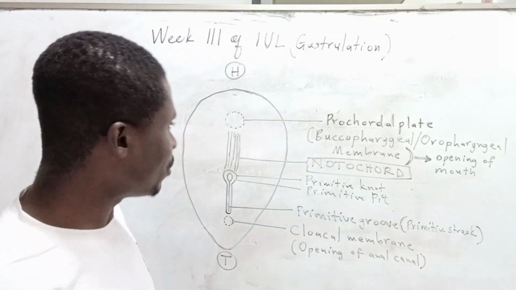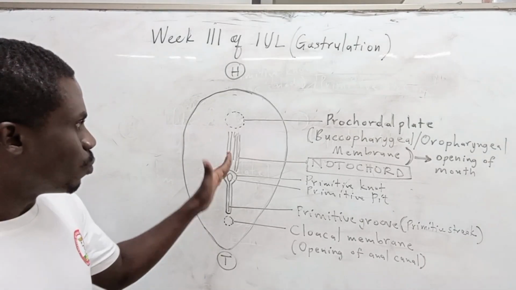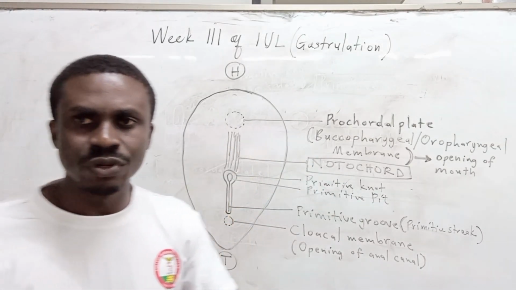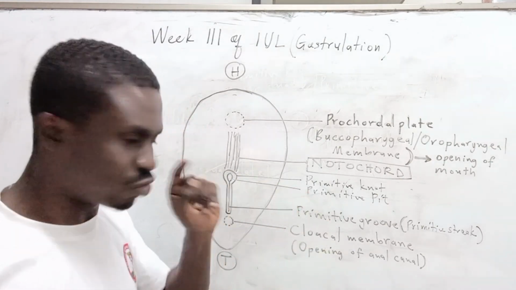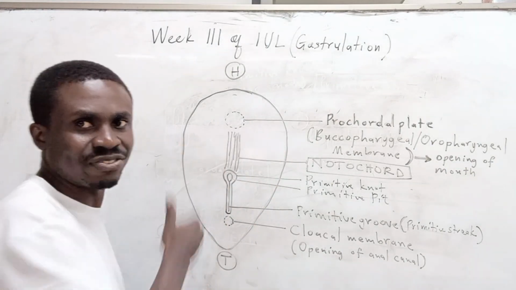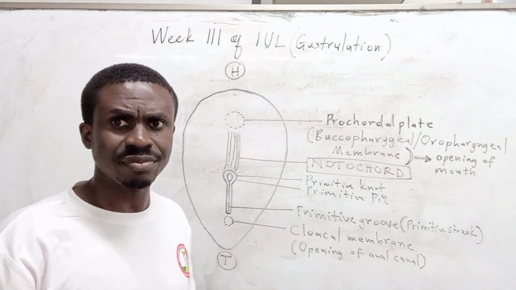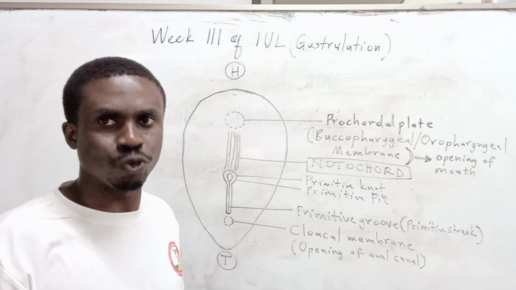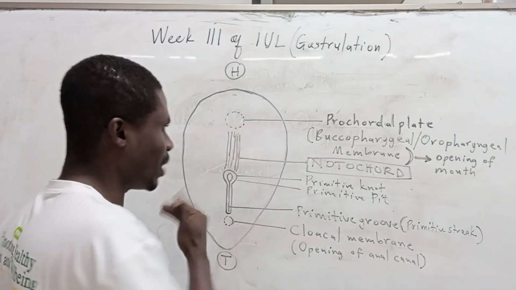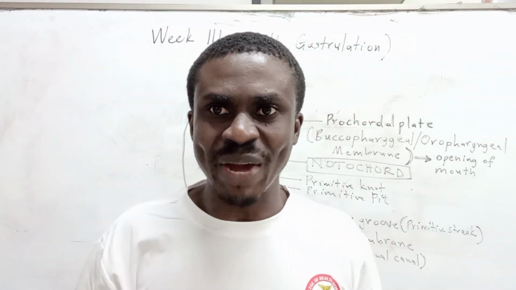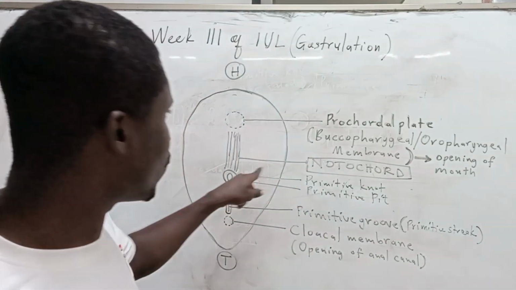And one important thing that we see is that with the presence of this notochord, we are able to establish the laterality of this embryo, so that now I can confidently say this is the right side and this is the left side of the embryo. Yes, I'm taking a dorsal view of it, a superior view of it. Okay, so that's one thing that we see. The laterality of the embryo will be defined by the appearance of what we call the notochord.